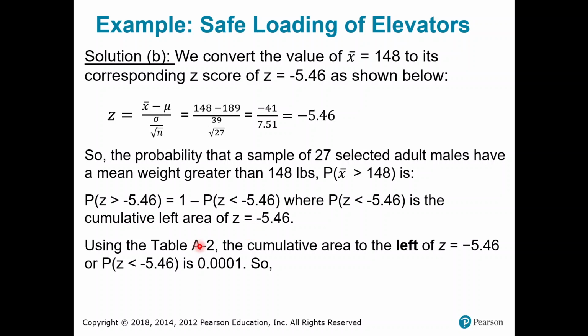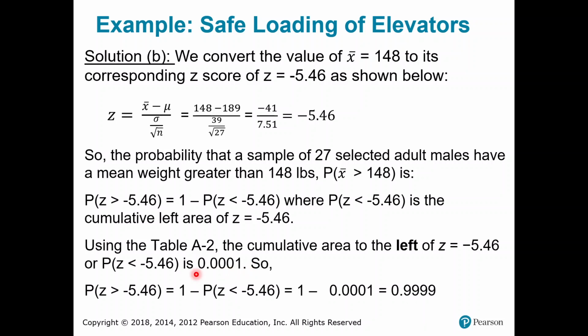And so using table A2, we know that the left area of z of negative 5.46 is 0.001, and so the probability on the right of z of negative 5.46 is 1 minus 0.001, and so we have the probability of z bigger than negative 5.46 is 0.9999.